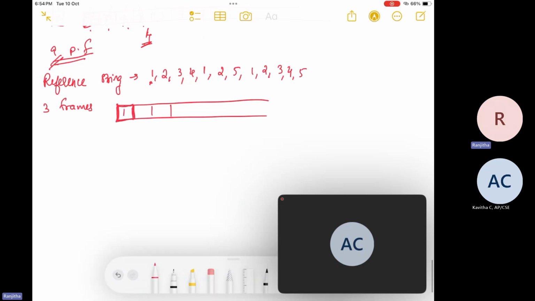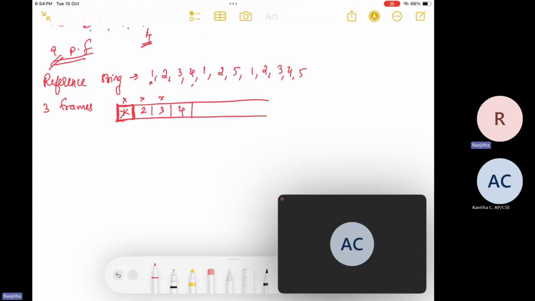So 1 will come, 2 will come, and 3 will come. So all these have a page fault. Now 4 is being referred. 4 is not there in the memory, so there will be a page fault followed by a page replacement. 1 will be replaced by 4.